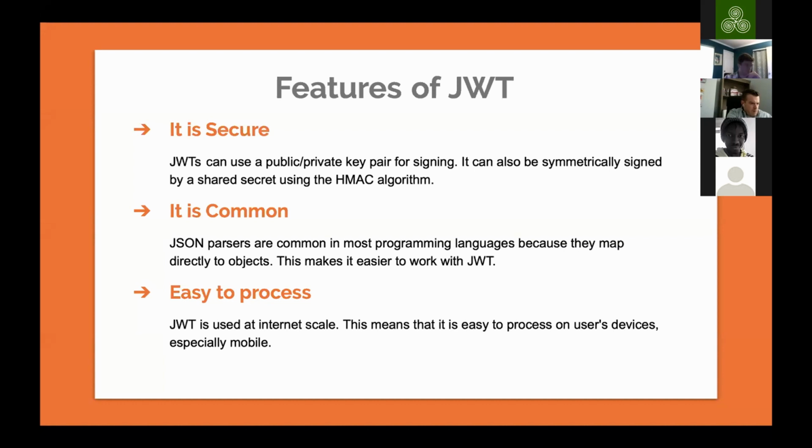Another feature of JWT is they are easy to process. JWT is used at internet scale. This means that it is easy to process on a user's device, especially mobile.